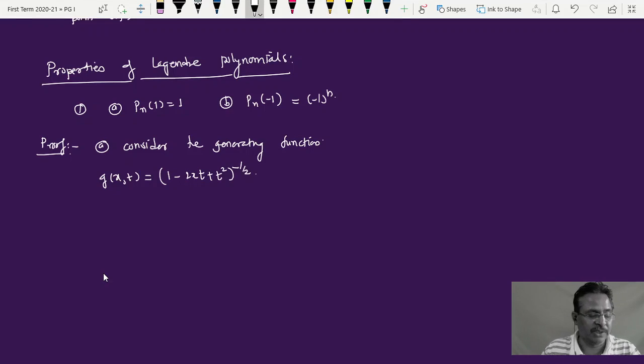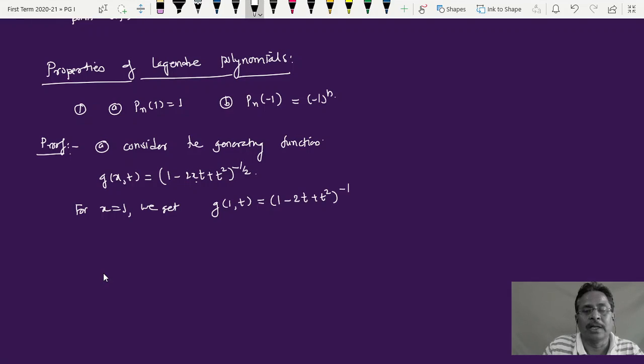This is my generating function. Now we put x equal to 1. What will we get here? G of 1, t is equal to, putting x equal to 1, 1 minus twice t plus t square raised to minus half.